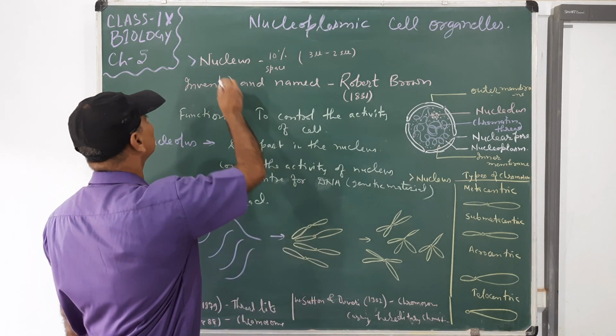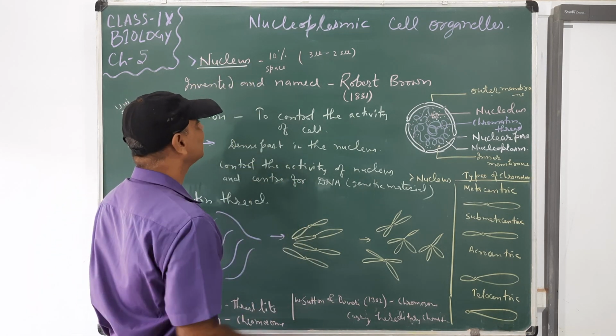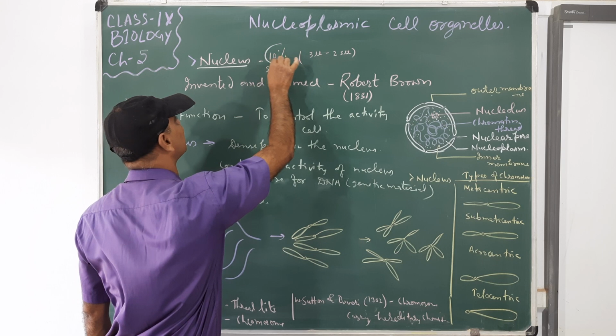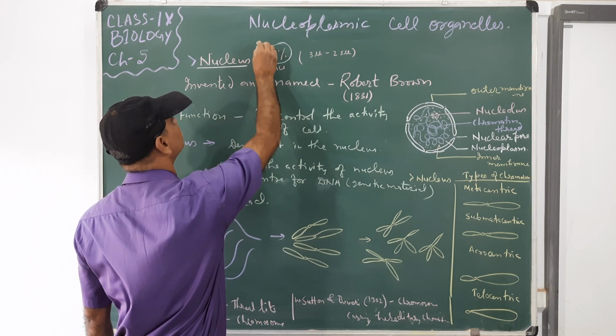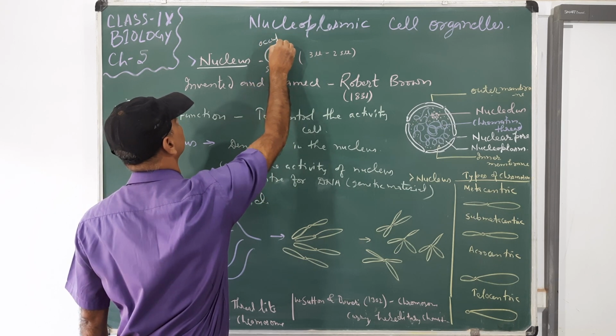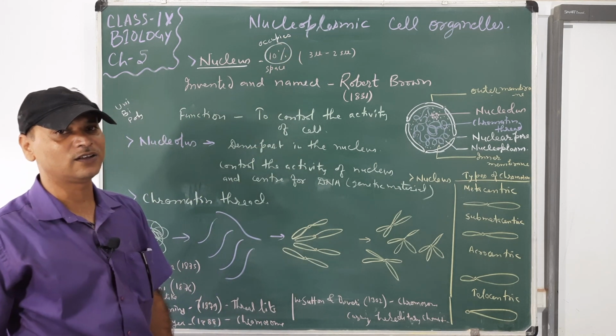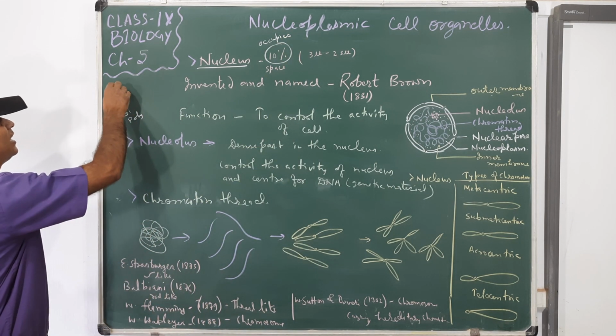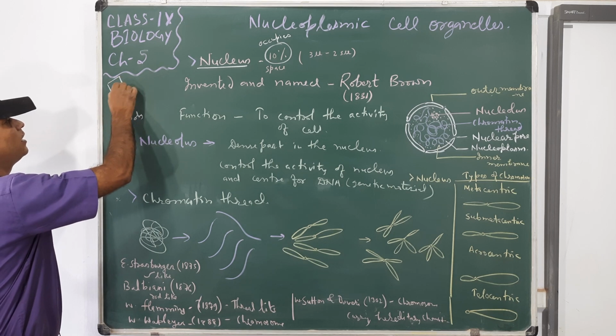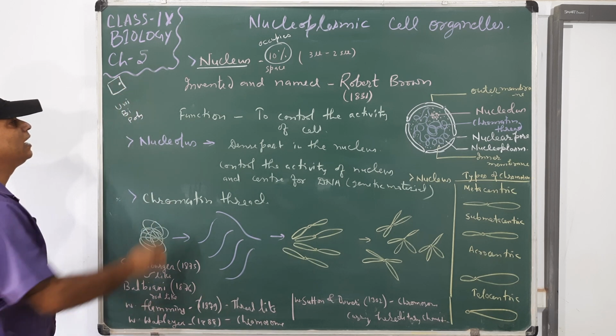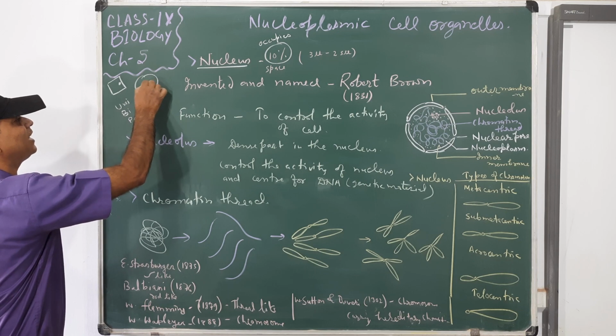Now the nucleus occupies 10% of the space of the cell. You know, in the plant cell it is at the corner, in the animal cell it is at the center.